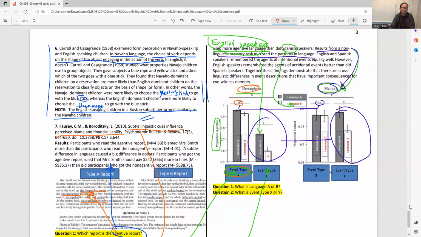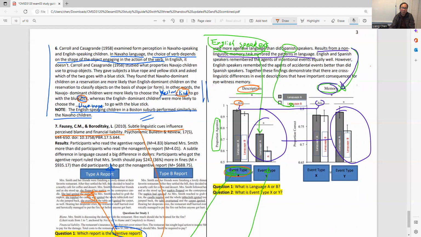Now number 6, I already gave you the answer. Navajo dominant children were more likely to choose a yellow stick to go with a blue stick because they focus on the same thing, the shape, it's the same shape. But English dominant children were more likely to choose the blue rope to go with the blue stick.